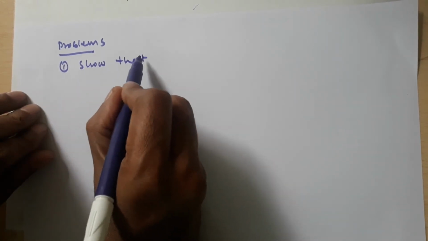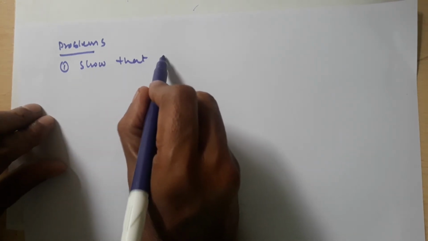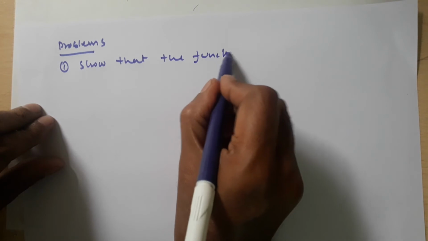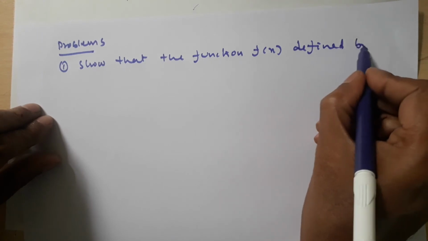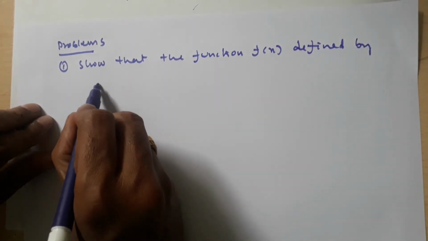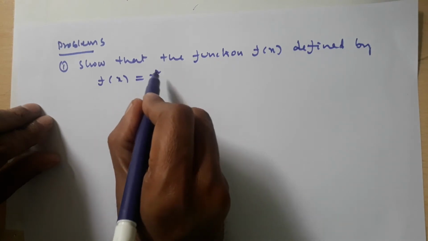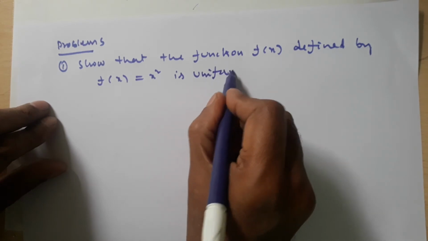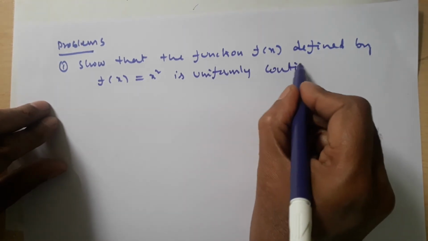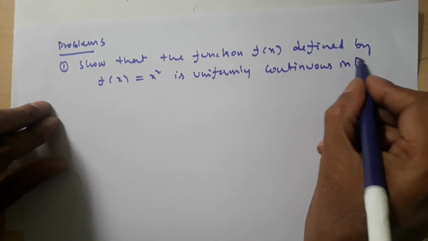Right. Problems on uniform continuity. The first problem: show that the function f(x) defined by f(x) = x^2 is uniformly continuous in the closed interval [-2, 2].